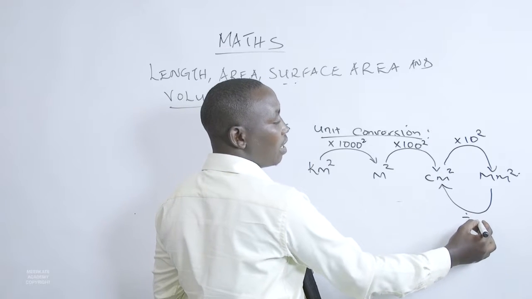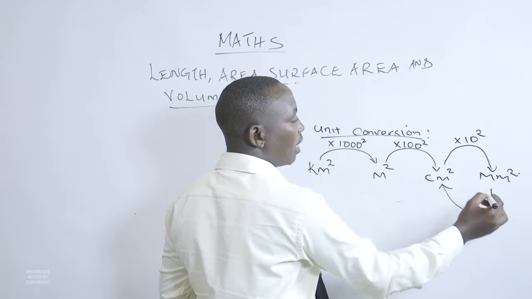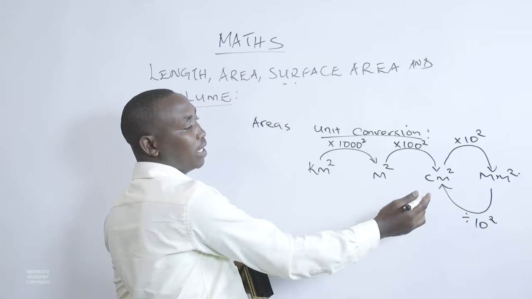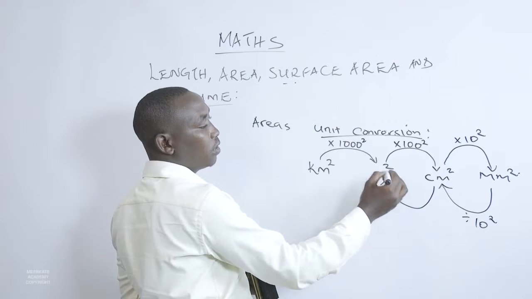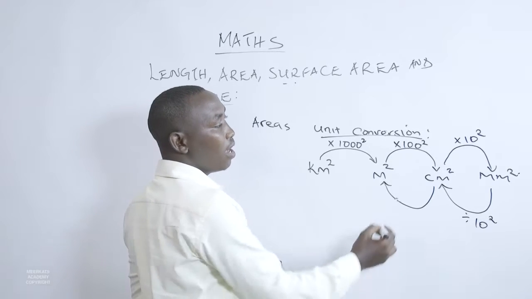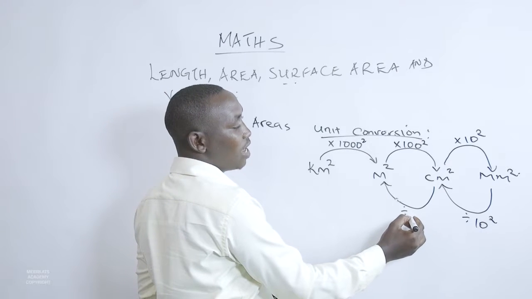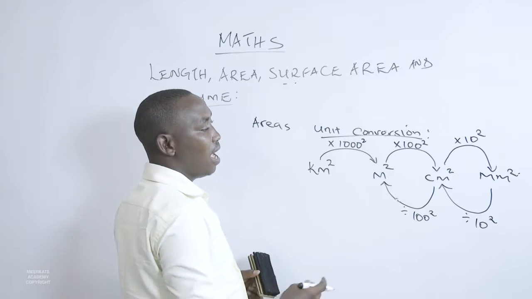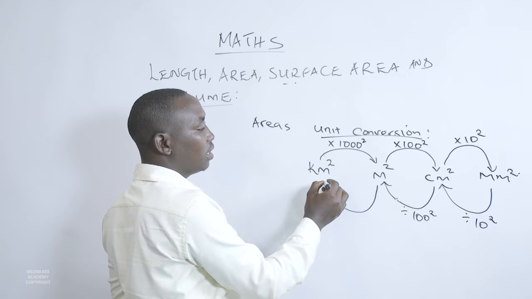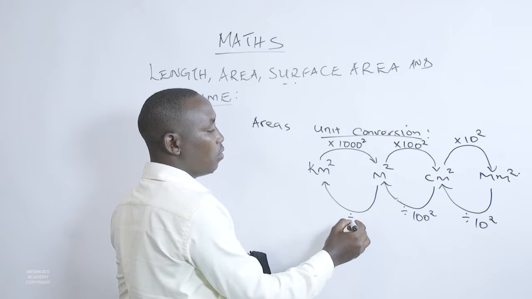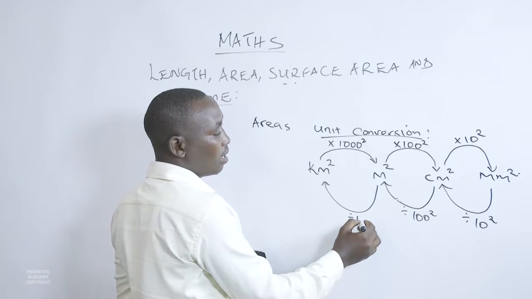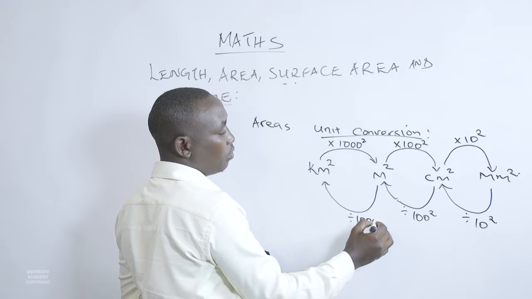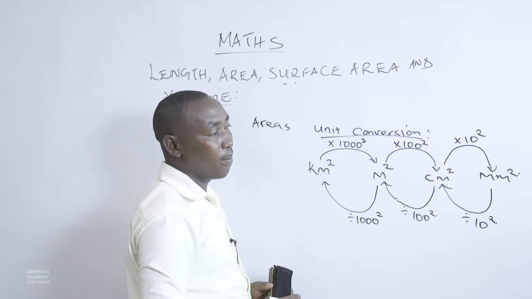That is, we divide by 10 raised to 2. From square centimeters to square meters, we do the reverse. We divide by the square of 100. And again, from square meters to square kilometers, we divide by the opposite of that, which is 1,000 squared.